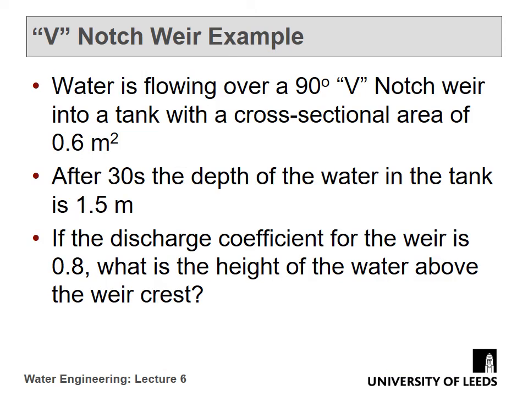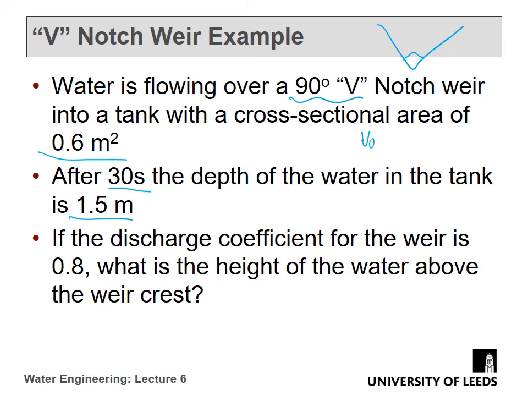Let's have a look at this example. We've got a 90-degree V-notch, happens to be right angles. It flows into a tank with a cross-section area of 0.6. After 30 seconds, the depth of the water in the tank is 1.5 meters. So we can now work out the flow rate into that tank.